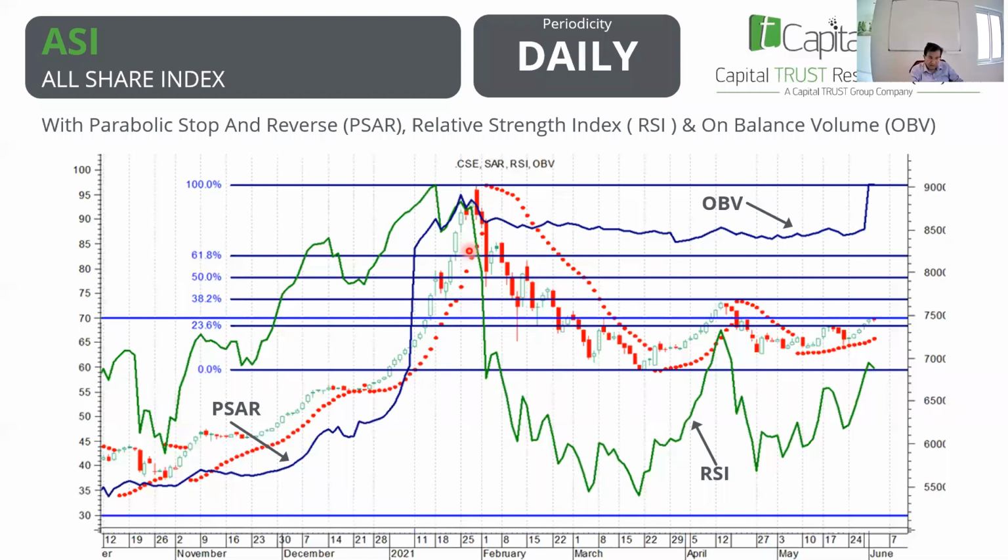One, first and the foremost, we have the Fibonacci retracement levels. These blue lines are the Fibonacci retracement levels. And I gave you an introduction as to who Fibonacci was and what was the Fibonacci series and what is the relevance of that.